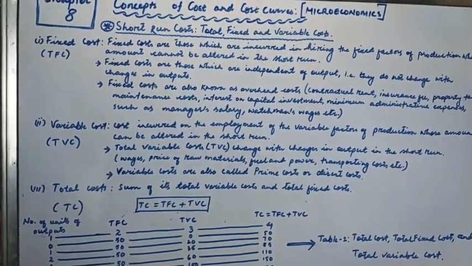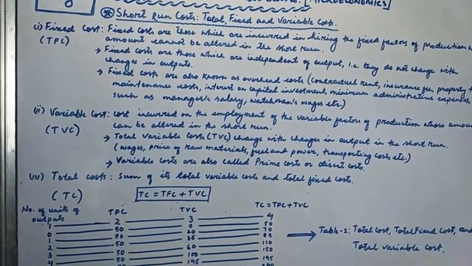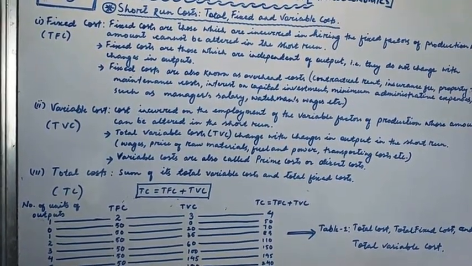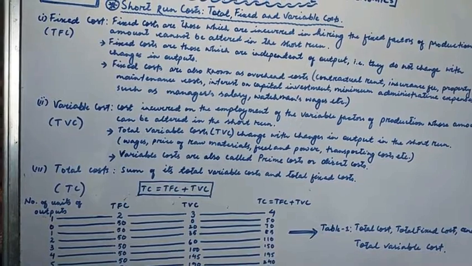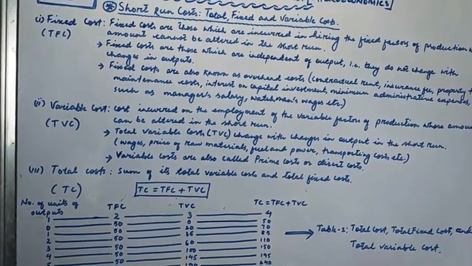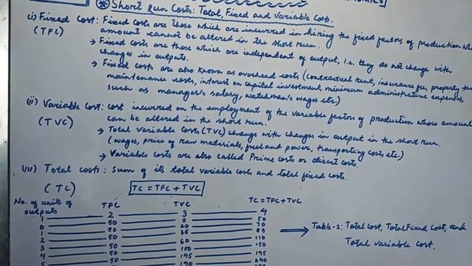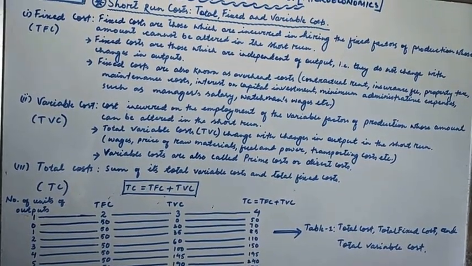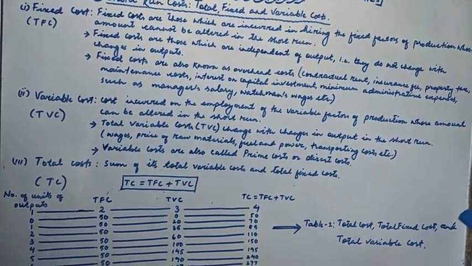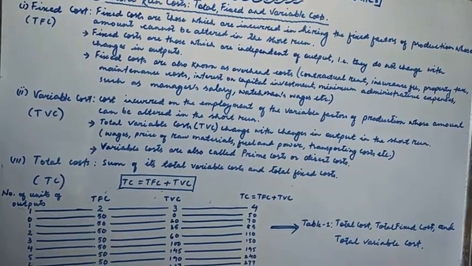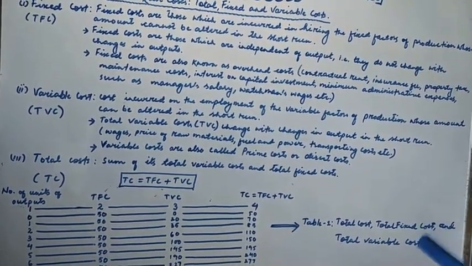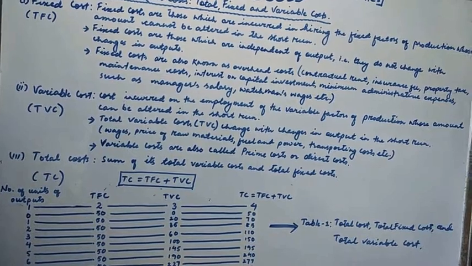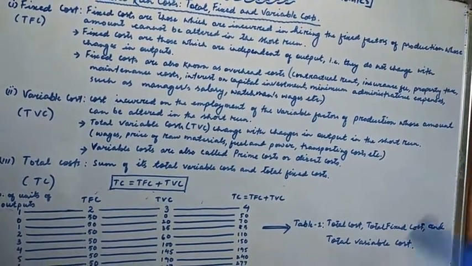And in relation to that, we have discussed short run and long run. Short run means we can change the variable factors of production, but we cannot change the fixed factors in the short run. And in the long run, every factor of production, even the fixed factors, can be changed or varied.